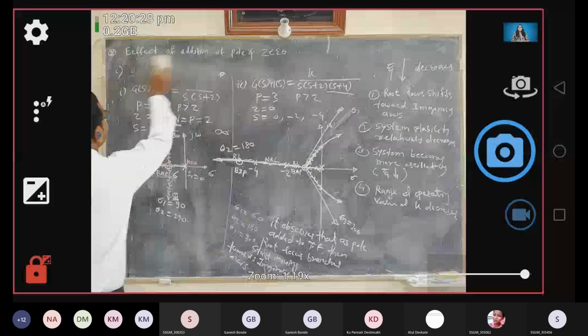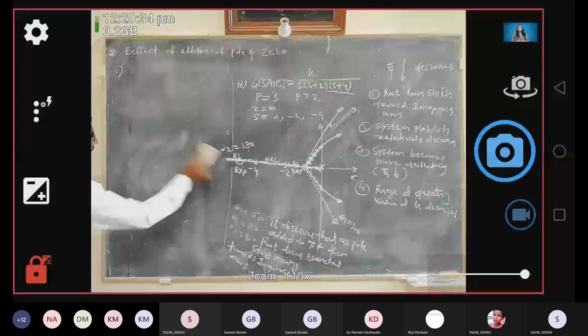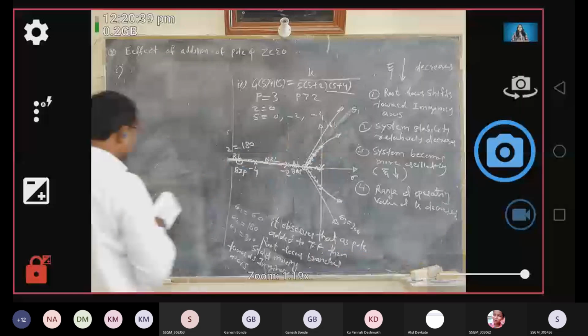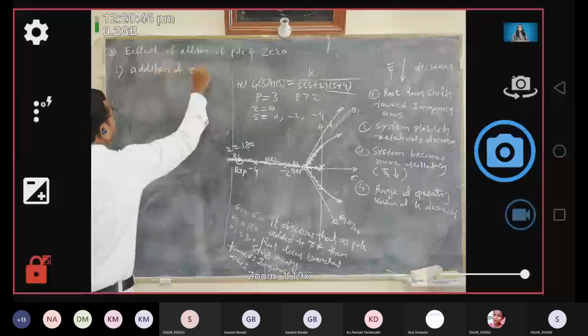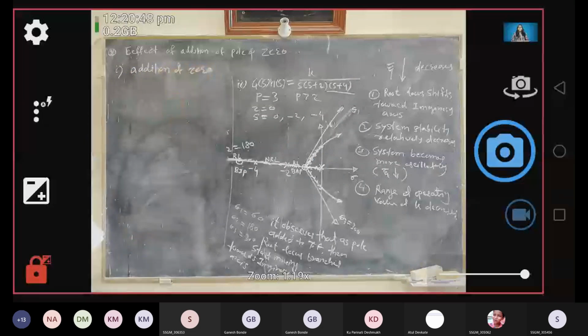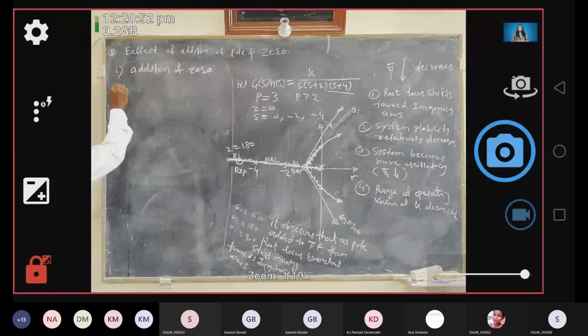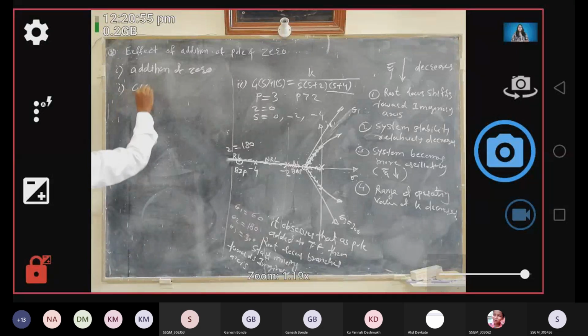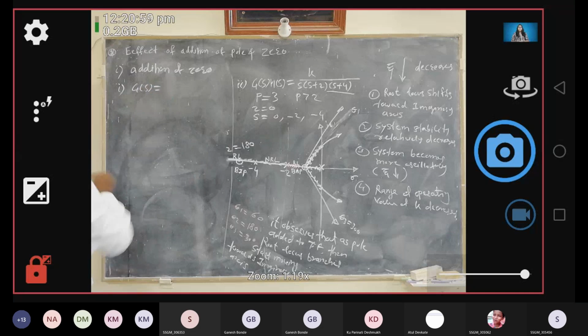Then the next point, effect of addition of zero. Same example we are taking here. So what is the effect of addition of zero onto the system?